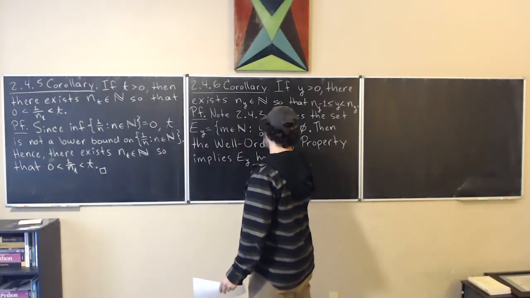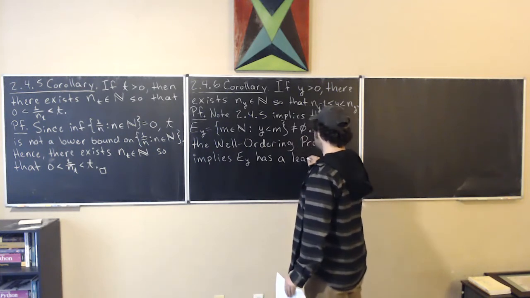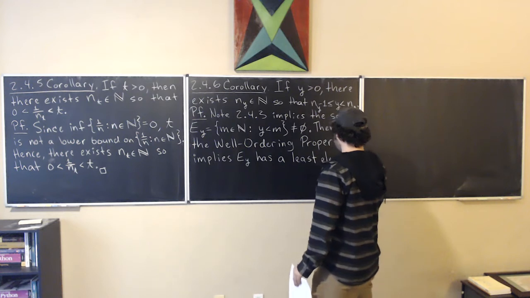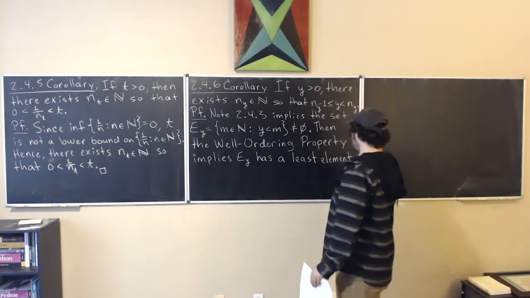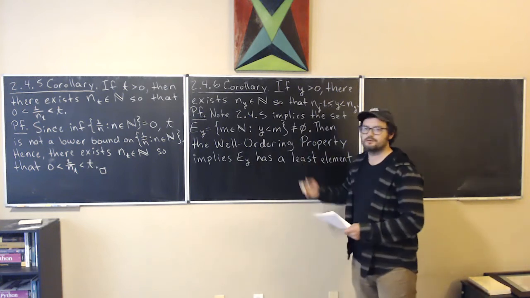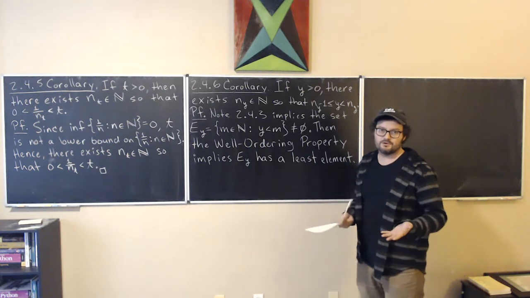The well-ordering property was covered in one of the earlier lectures: every non-empty set of natural numbers has a smallest element.